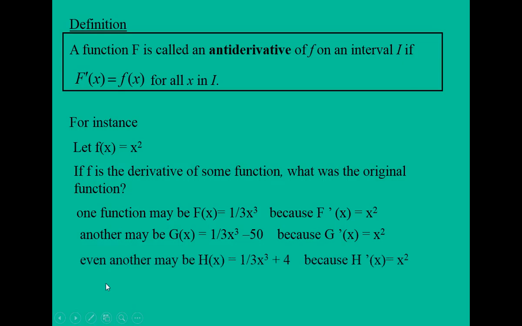We could even say 1/3 x cubed plus 4, because h prime of x also would give us x squared. So you can see we would have an infinite number of antiderivatives.